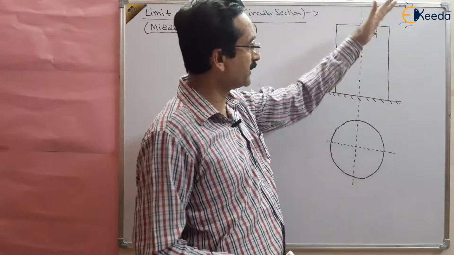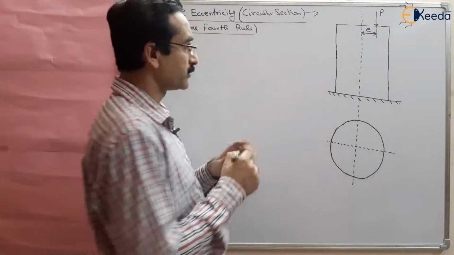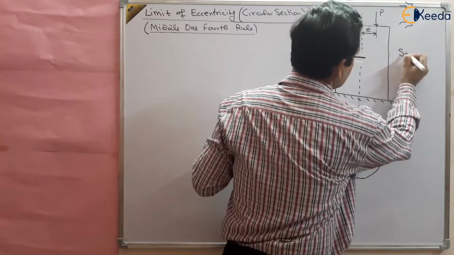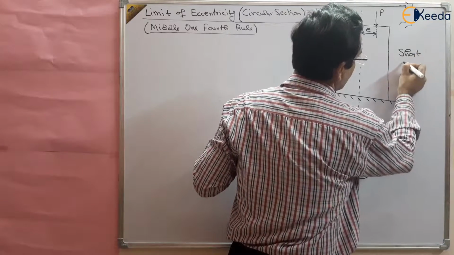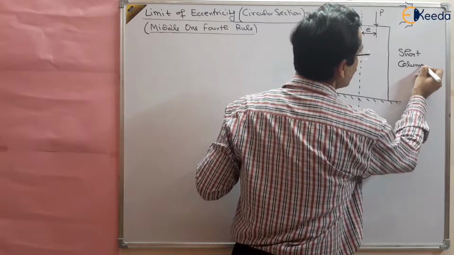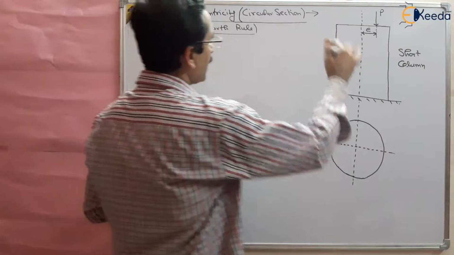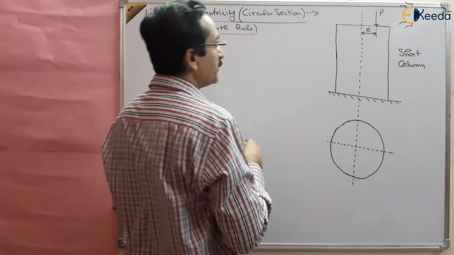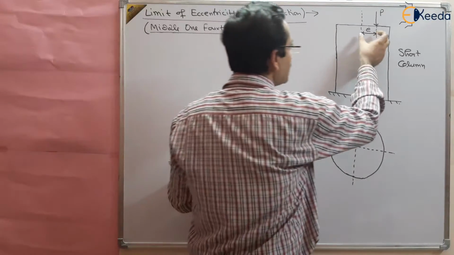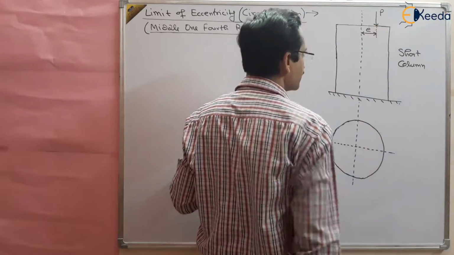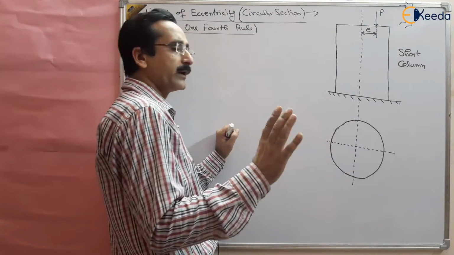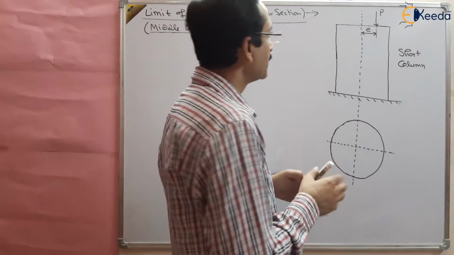This is a short column, this is not a long column. Short column or any compressive member like concrete, and we are applying a load P in compressive manner at some eccentricity, suppose E. You already know that there will be direct stresses.